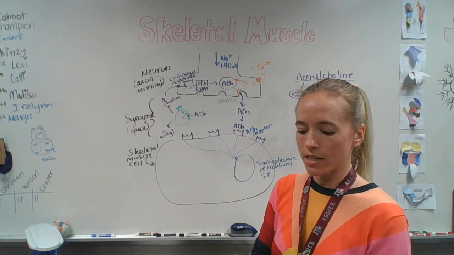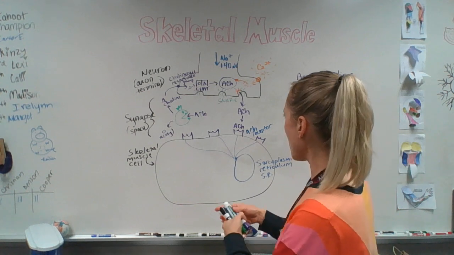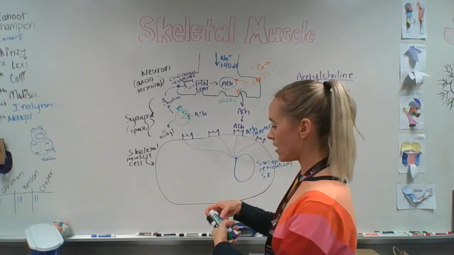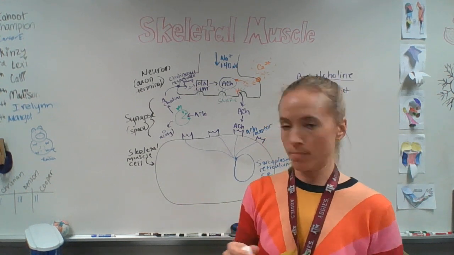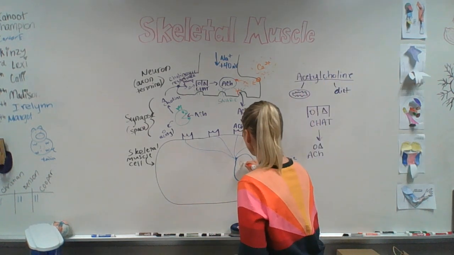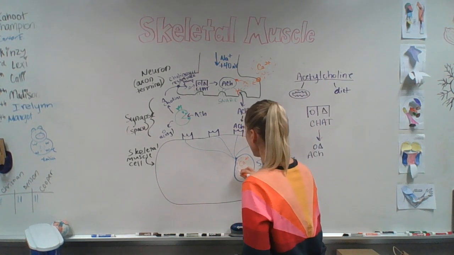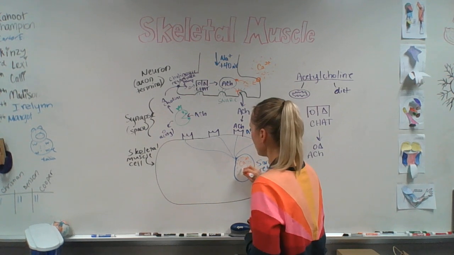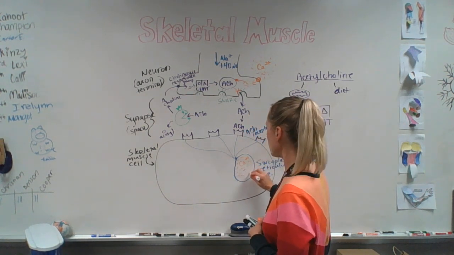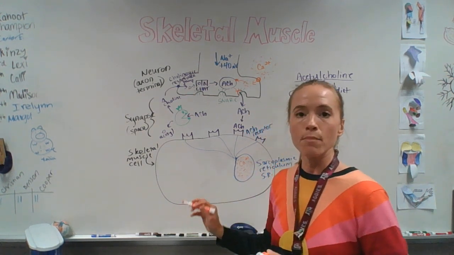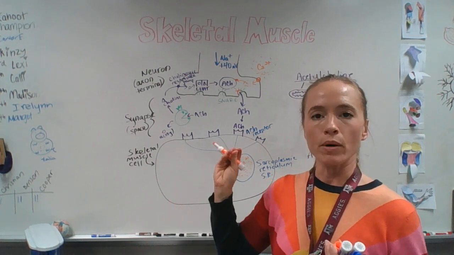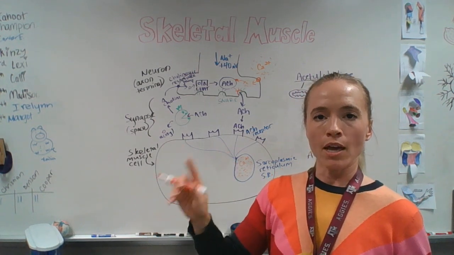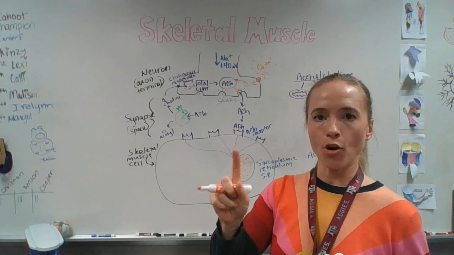And what it does is it contains a lot of calcium. So that calcium is all stuck in here and it's very unhappy. It doesn't want to be in here with all the other calcium because there's too much of a concentration. So it desperately wants to leave, but it can't leave until the gate opens.